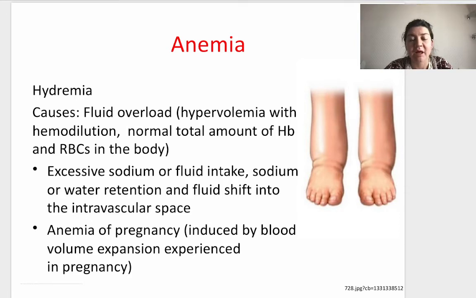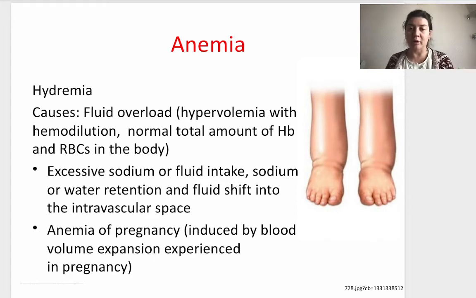Hydremia, or fluid overload. According to the name, we know the main mechanism of this anemia. It is fluid overload or hypervolemia with hemodilution, with a normal total amount of hemoglobin and red blood cells in the body.